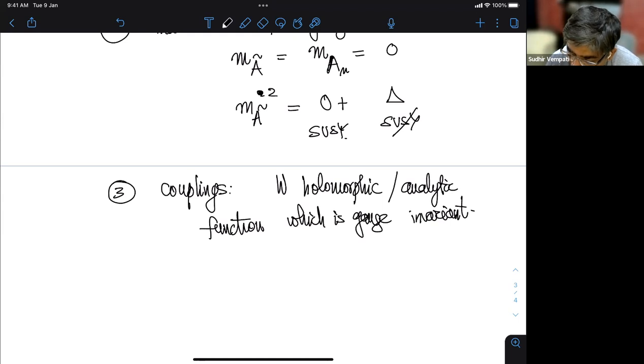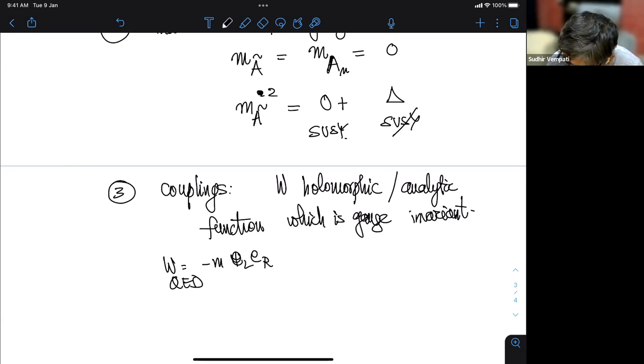But suppose you write a holomorphic potential, for example a term of dimension mu B m. In W in the QED we have minus M psi L, EL, ER.